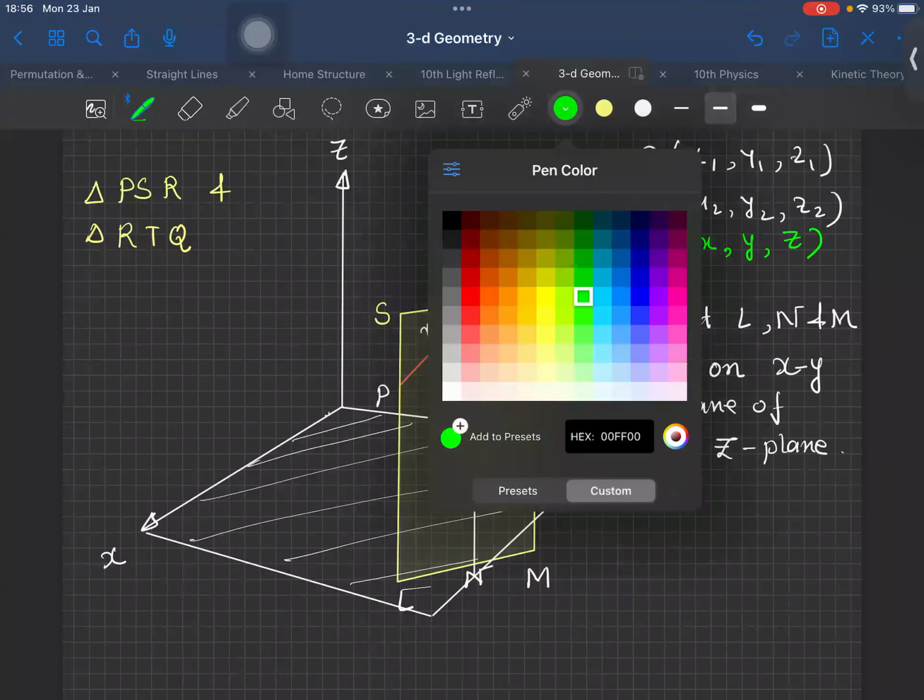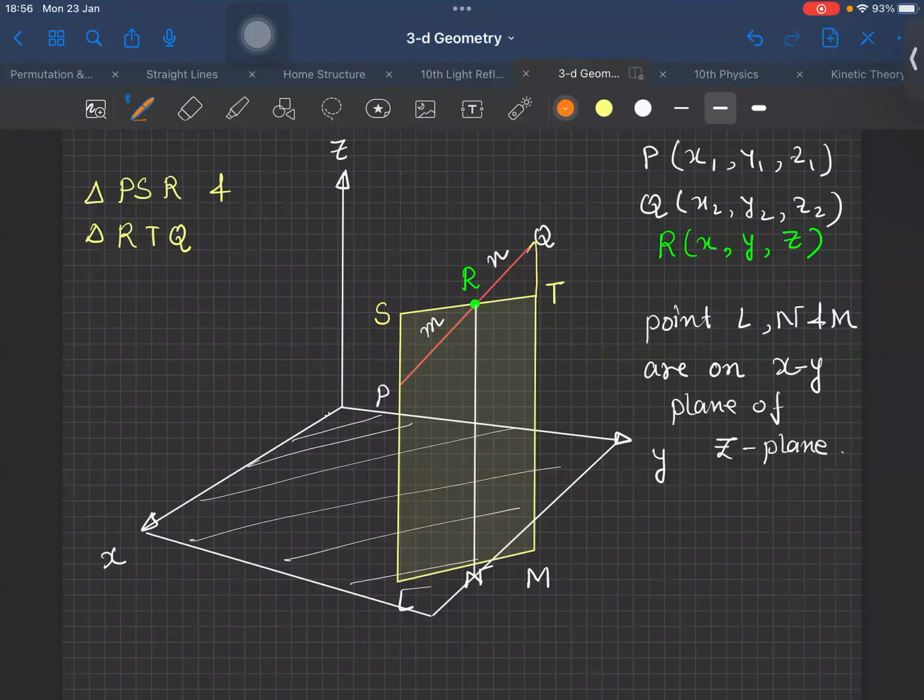Hopefully I'm audible to you guys. In these two triangles, we'll see that the triangles are similar.